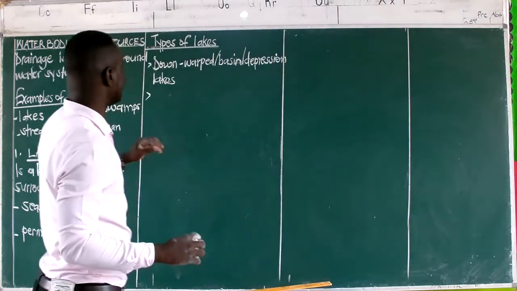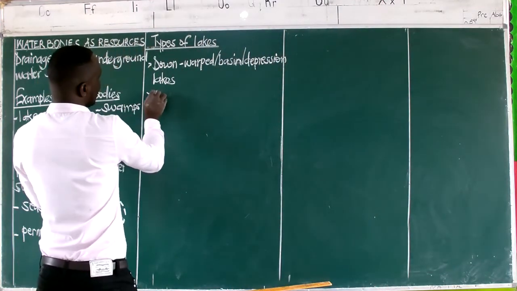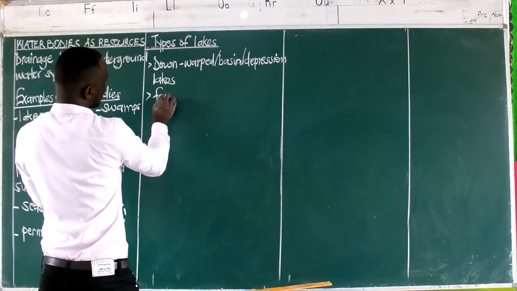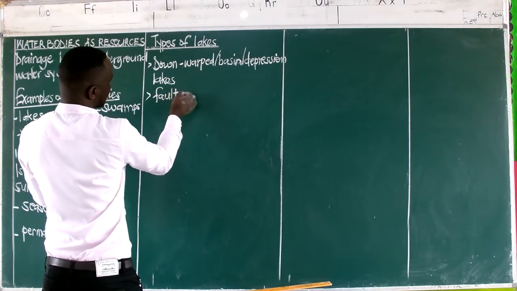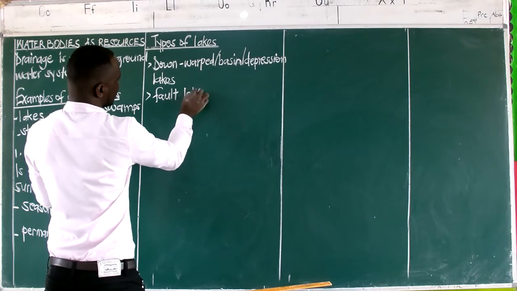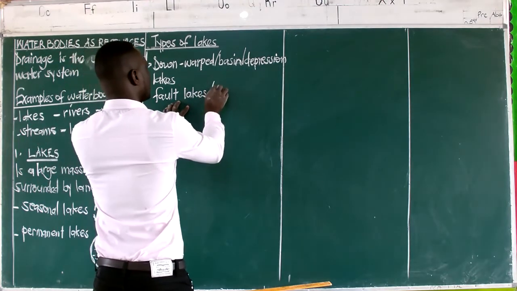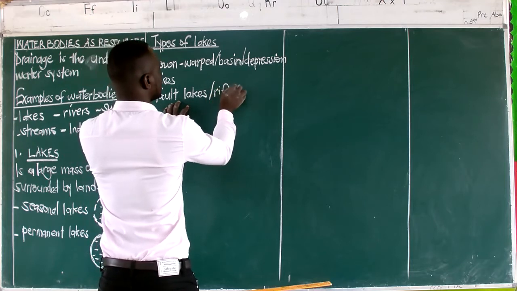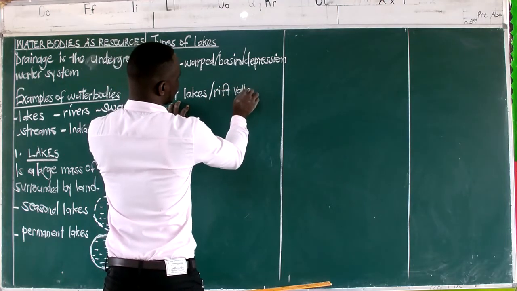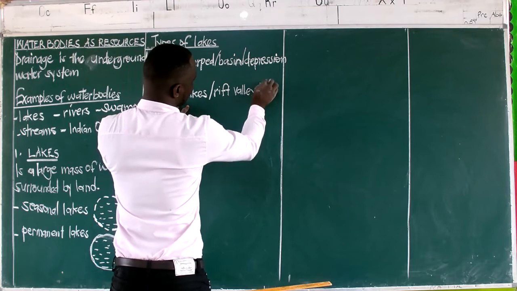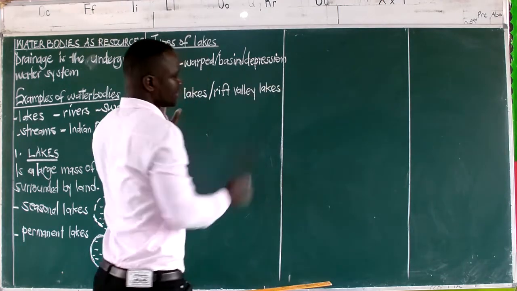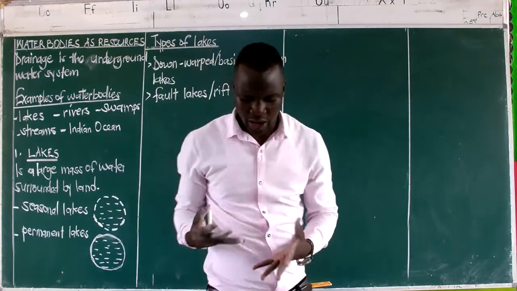And then we have the lakes that we call fault lakes. Of course, here we talk about faulting, and these can also be called Rift Valley lakes. We also need to be aware of that.